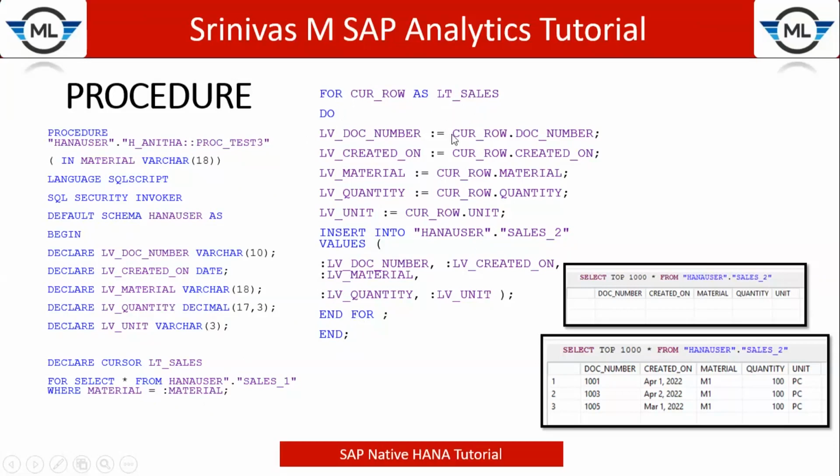And for each record, after the for I defined one cur underscore row as a local work area. I'm talking in terms of ABAP, but if you don't know ABAP, it's no problem. I can explain in an Excel sheet how exactly this mechanism works. So let's try to write the code.